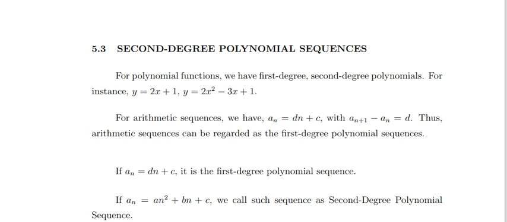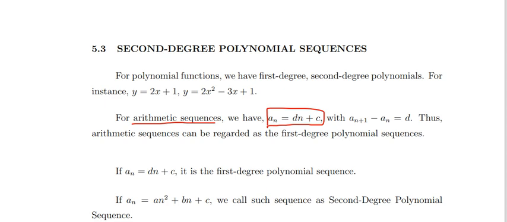For an arithmetic sequence, we can regard it just like a first-degree polynomial function. For this arithmetic sequence, we have an. If we regard n as x, it is just d times x plus a constant.